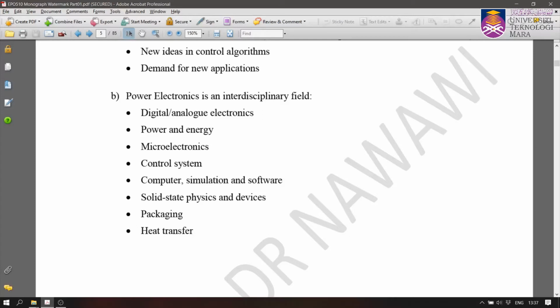This is a very good way to assess the performance of your circuits, whether it works or not, and what sort of power level you will have. So you use this computer simulation software, and it involves solid state physics and devices, research on the device as well, and then packaging and heat transfer.